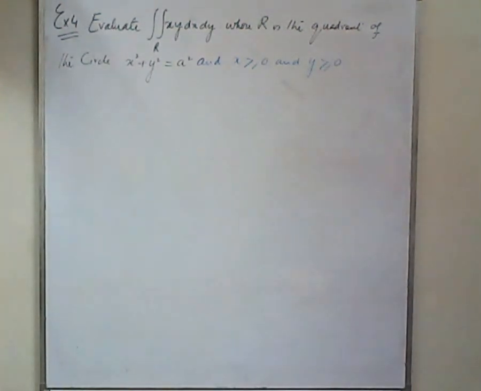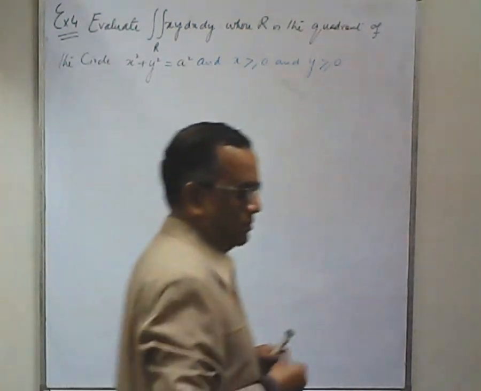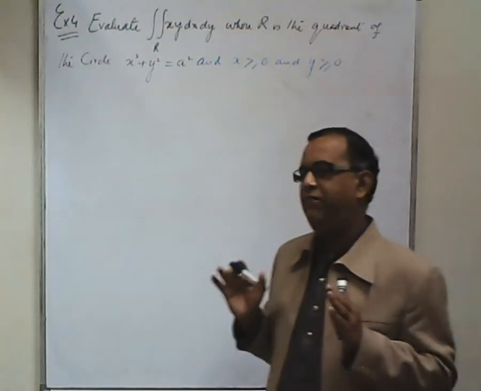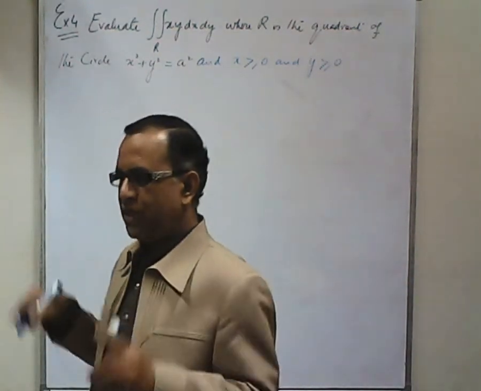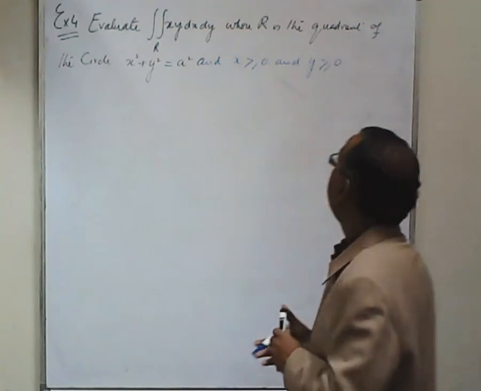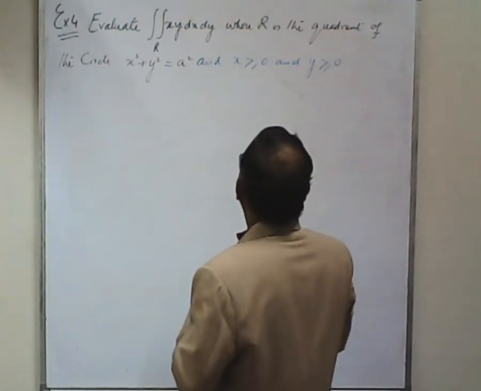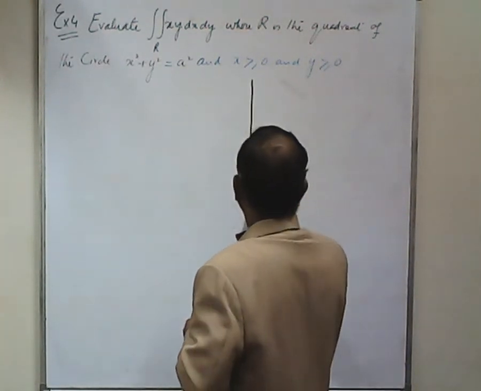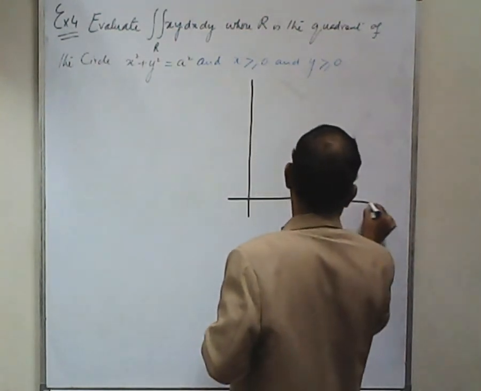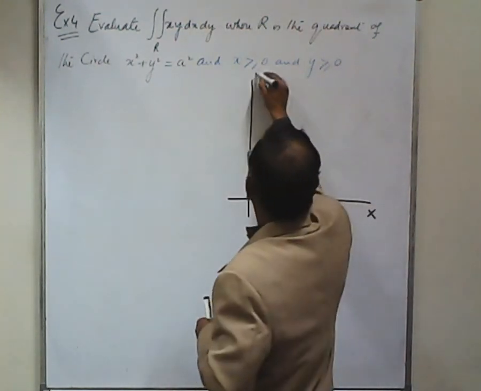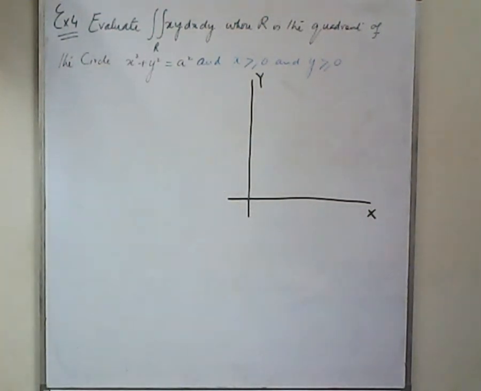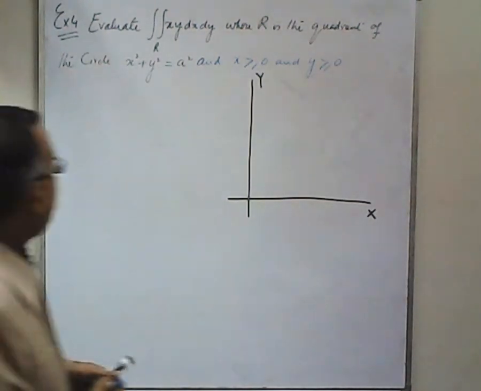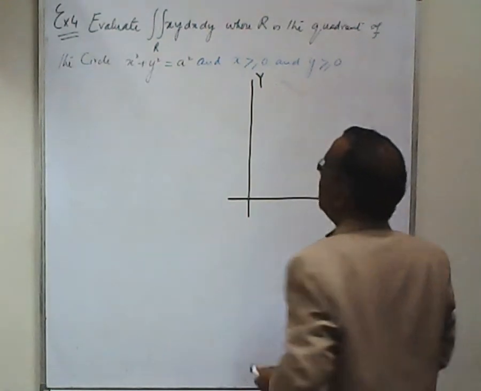So generally, we need to first make a figure in which we can assess which portion needs to be integrated. So let's say this is the x-axis and this is the y-axis, and we need to make these three lines.